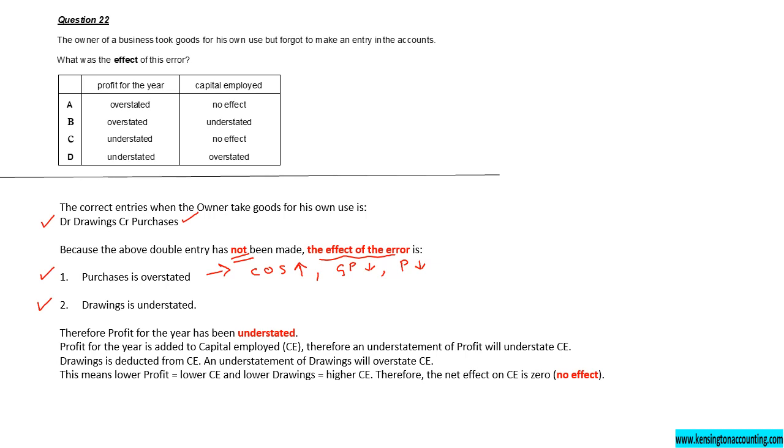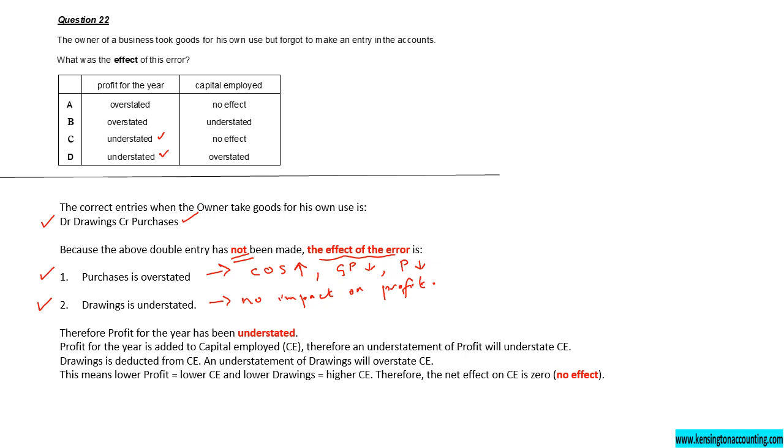Drawings has no impact on profit because it is a balance sheet item. Drawings is not entered in the income statement. Therefore, for the profit of the year, drawings has no impact, and the overstatement of purchases will understate profit. Therefore, it's going to be either C or D.